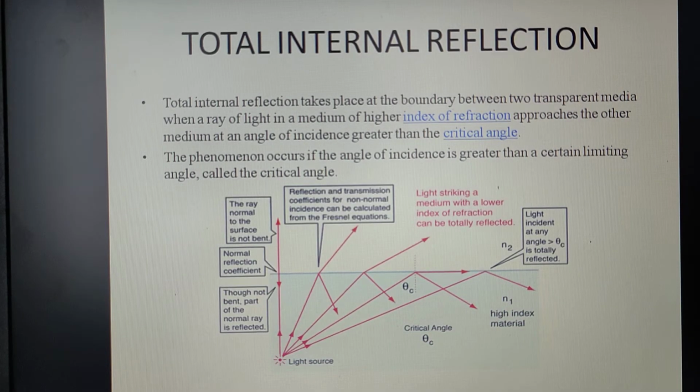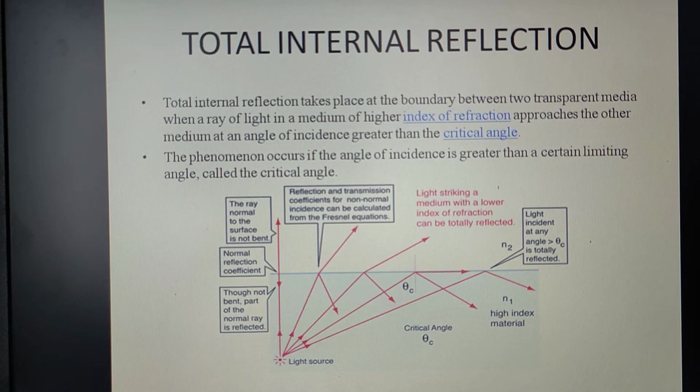Now when you look over here, you will see, okay, so consider two media, denser to rarer. The light source is over here at the bottom. Here is a denser medium, consider this is water or some other medium, and this is air. So light is going from denser to rarer. As you can see, it's moving away and away from the normal. At this point, what we have is the critical angle.